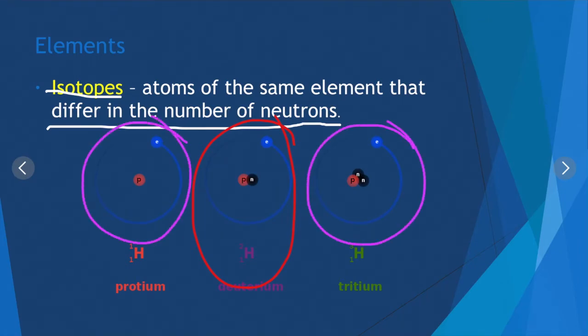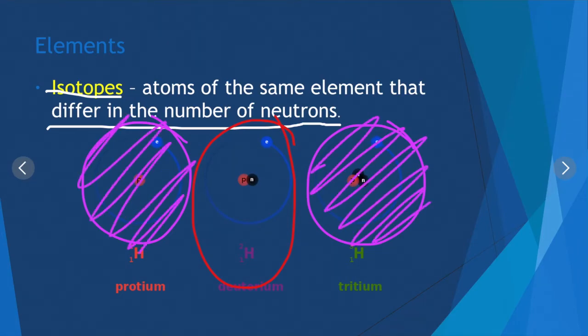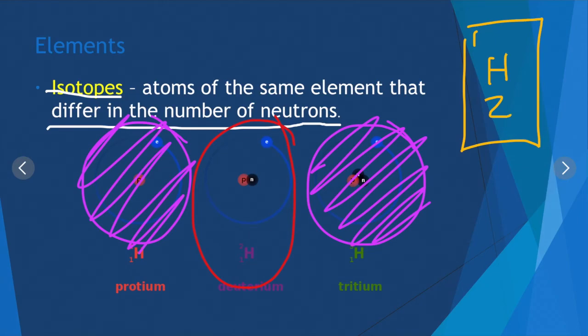Okay? If there were no isotopes at all, and we were looking at hydrogen on the periodic table, then the mass number would just be 2. Because it would be the number of protons and the number of neutrons. 1 proton, 1 neutron, it would just be 2.